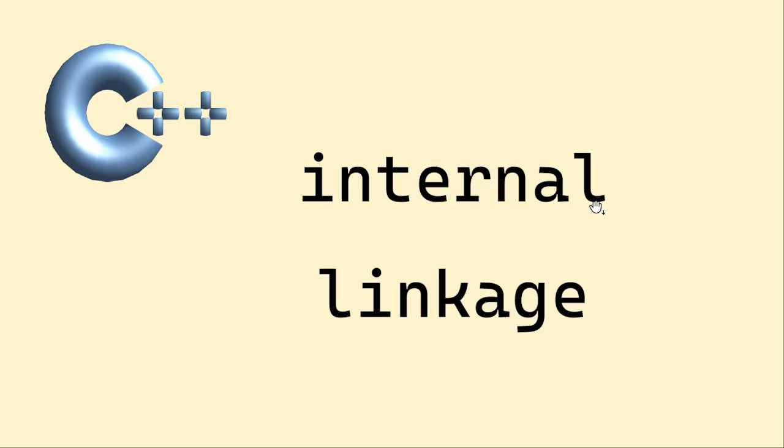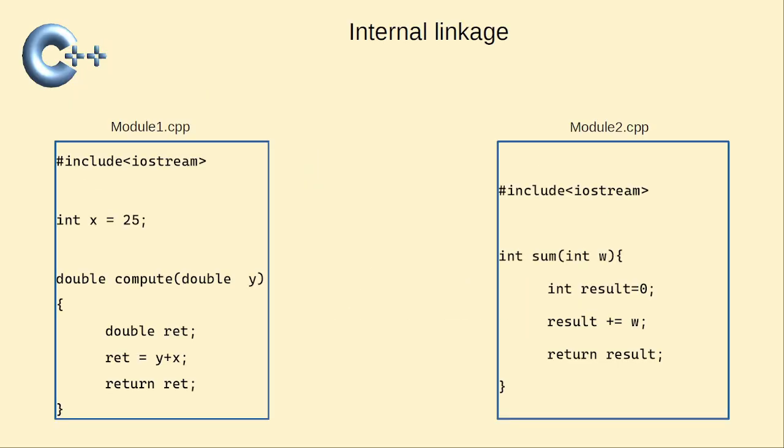Now it is time to learn internal linkages. Again, we have module 1 and module 2. Module 1 on the left side, module 2 on the right side. Module 1 has a file with .cpp extension containing a global variable x, which is of type int and is initialized to value 25.